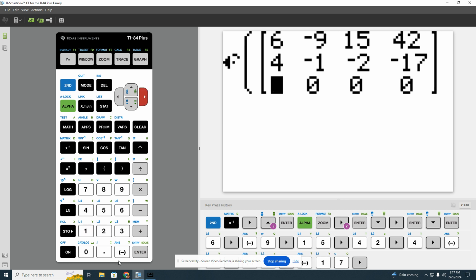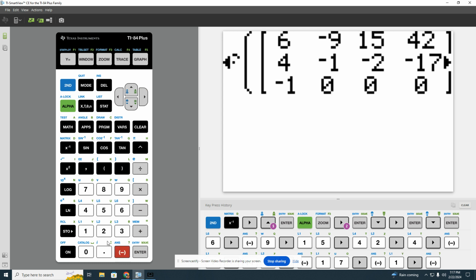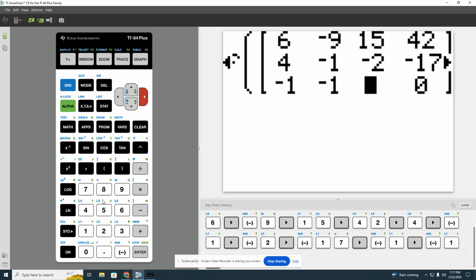Last thing, you've got -1, you've got -1, you've got +1, 3. Before I push enter, let me say one thing. Please be careful. If you have a missing variable in an equation, you plug a 0 into that missing variable. These should be your x's, these should be your y's, these should be your z's, these should be your constants.